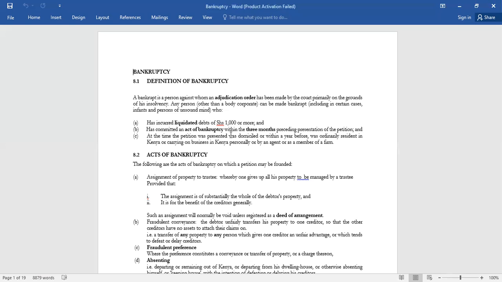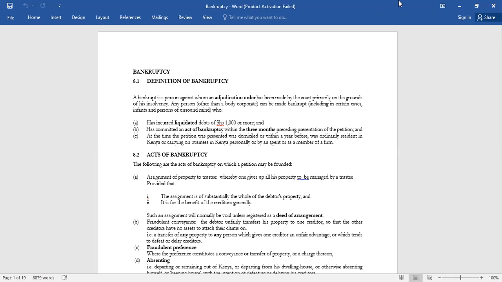That is why we are talking of the person being domiciled in Kenya at the point of presenting the petition that they are bankrupt. Hope we are together. So the following are the acts of bankruptcy on which a petition may be founded. You said that the court will adjudicate or present an order saying that this person is bankrupt.